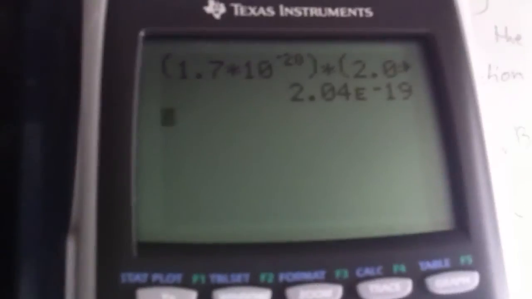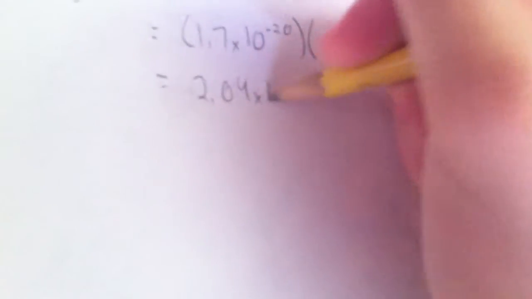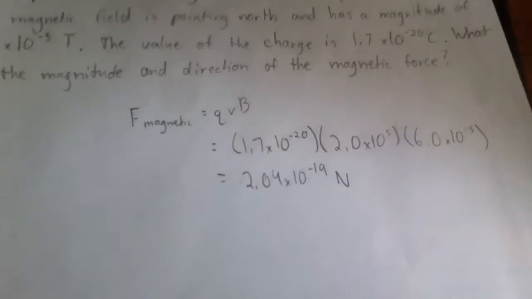And here's the value we get, 2.04 times 10 to the negative 19 newtons. So we have that. That's our magnitude.